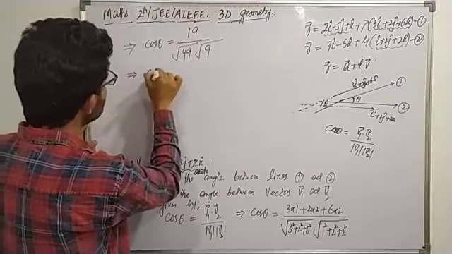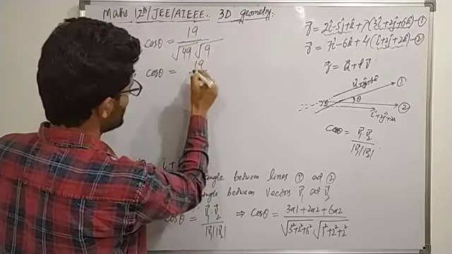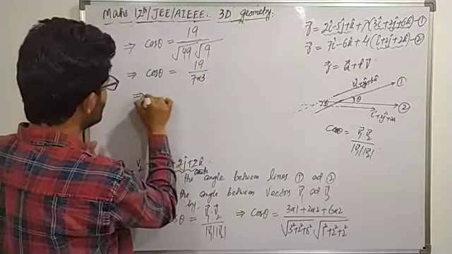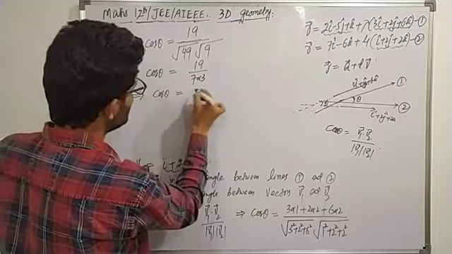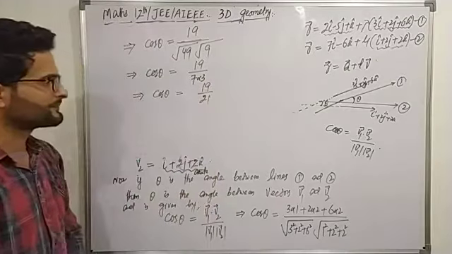So cos theta must be equal to 19 divided by square root of 49 is 7 and square root of 9 is 3. So cos theta must be equal to 19 divided by 21.